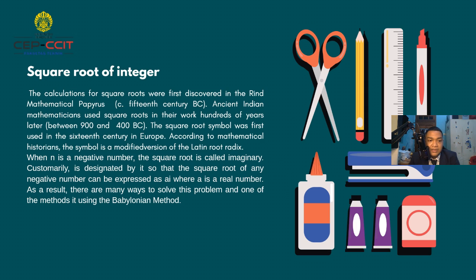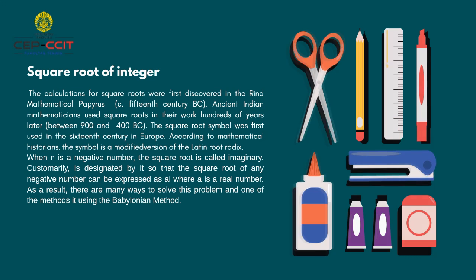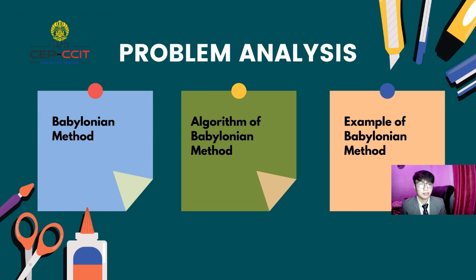When n is a negative number, the root is called imaginary. Customarily it is designated by i, so that the square root of any negative number can be expressed as ai, where a is a real number. As a result, there are many ways to solve this problem, and one of the methods is the Babylonian method.